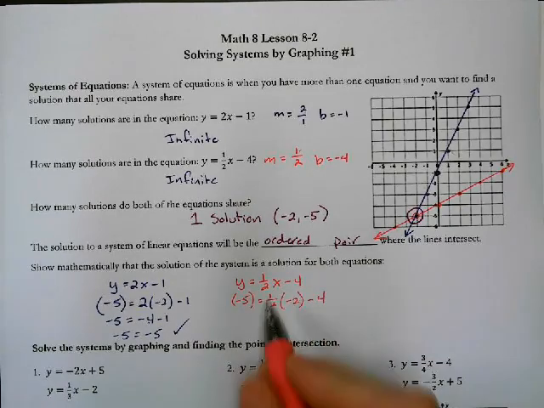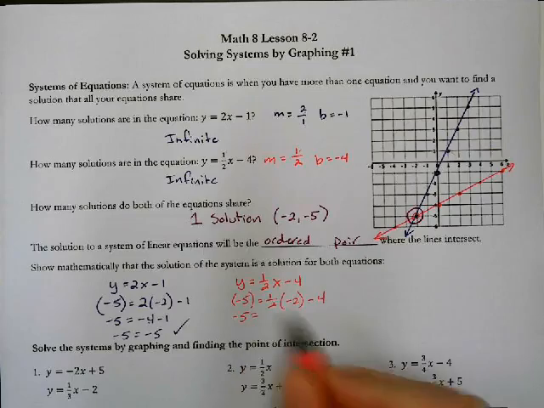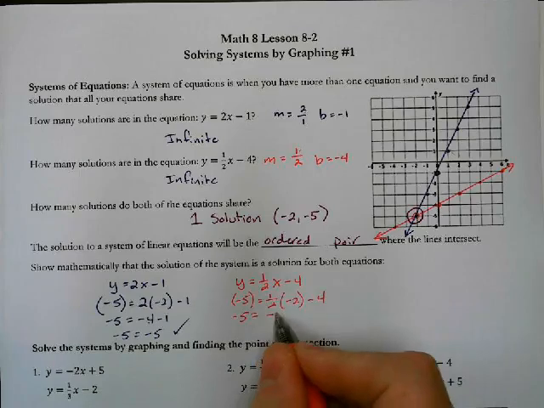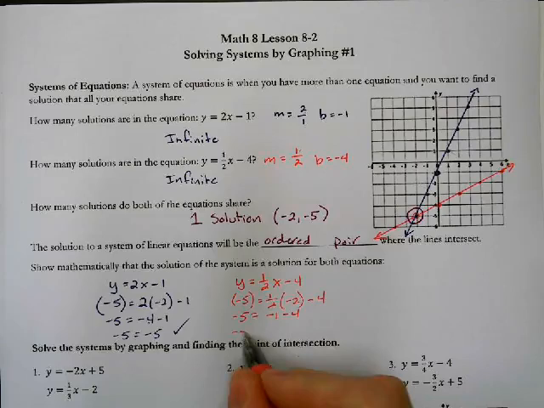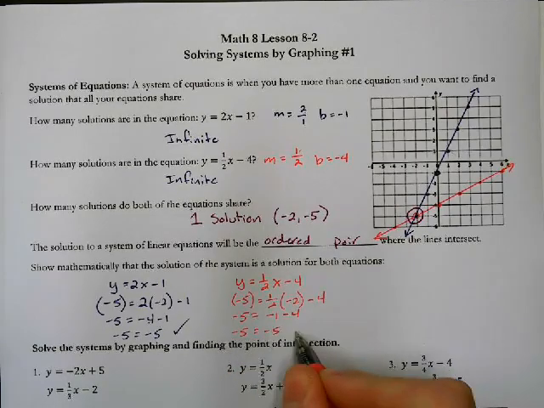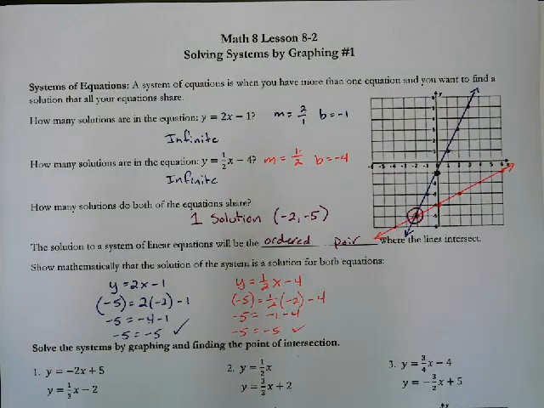All right, so 1/2 times -2 just means -2 divided by 2, because you can multiply by 1, then divide by 2. So -2 divided by 2 is -1. -1 minus 4, yep, that's -5. We've proven that it is a solution for both equations.